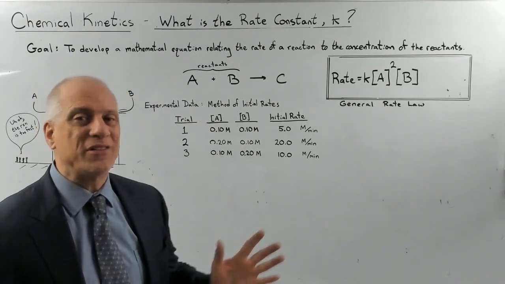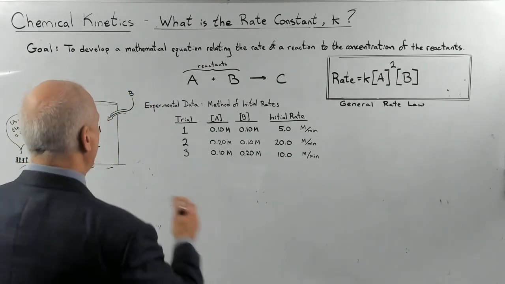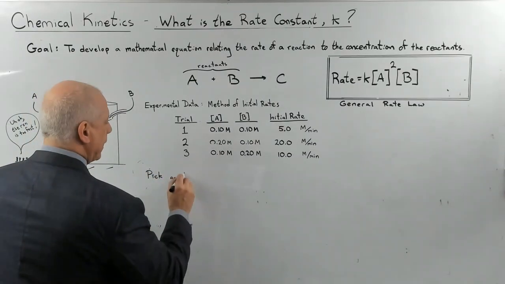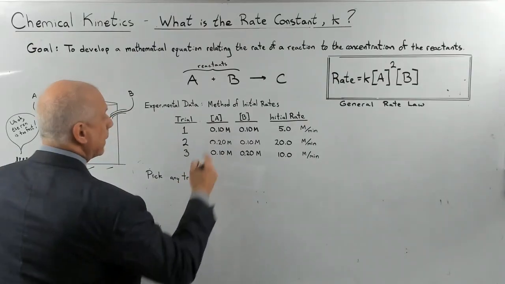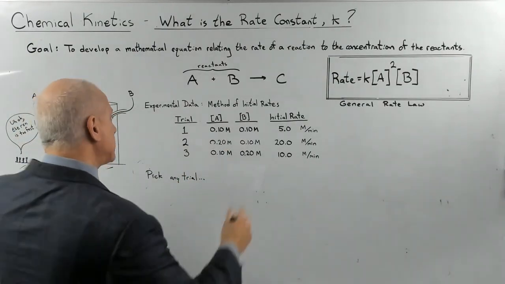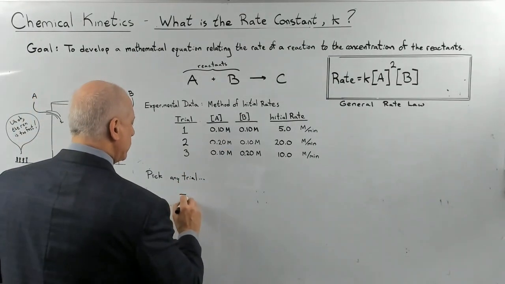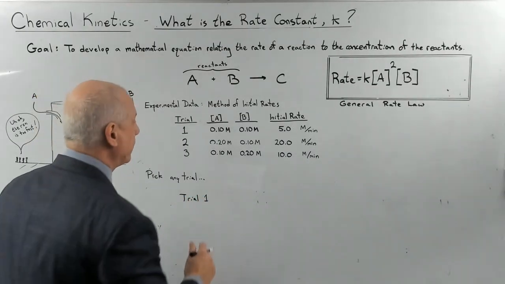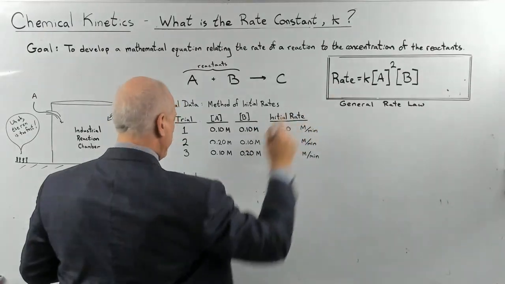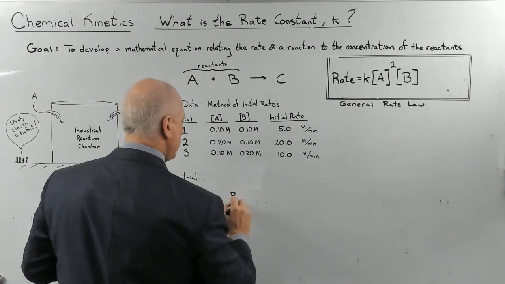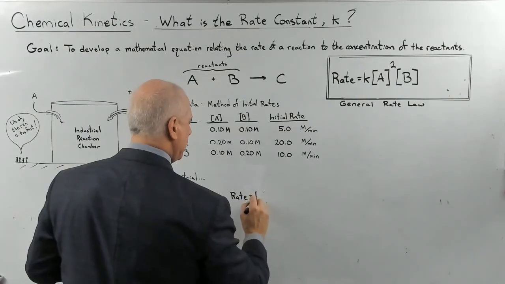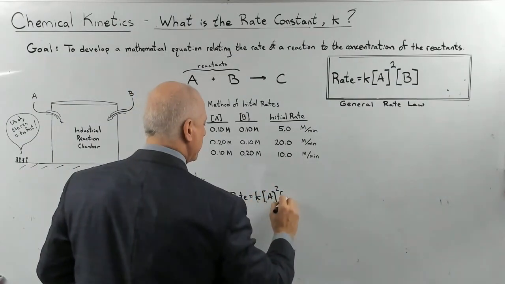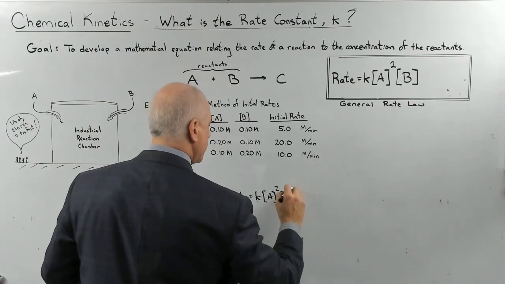To do that, we simply pick any trial. I'll pick the first one, trial 1, and plug in some numbers. We would get the same answer if we picked trial 2 or trial 3. So for trial 1, let me write the general equation here. Rate equals K times the concentration of A to the second power, times the concentration of B to the first power.